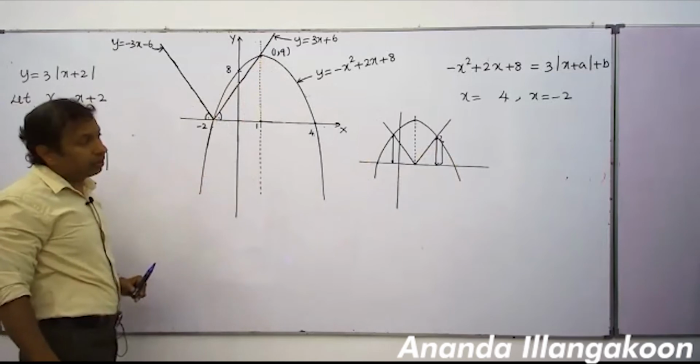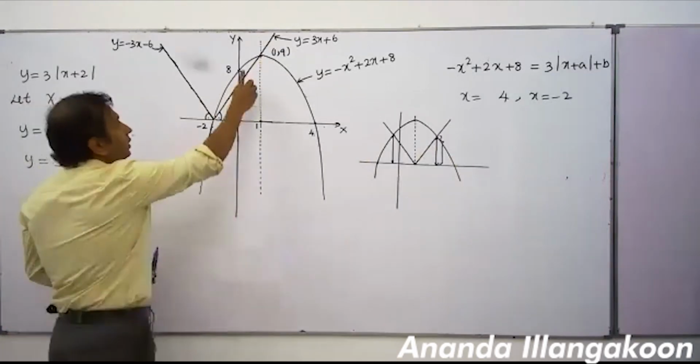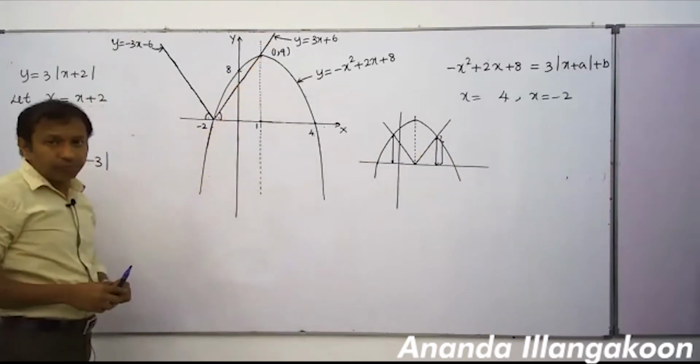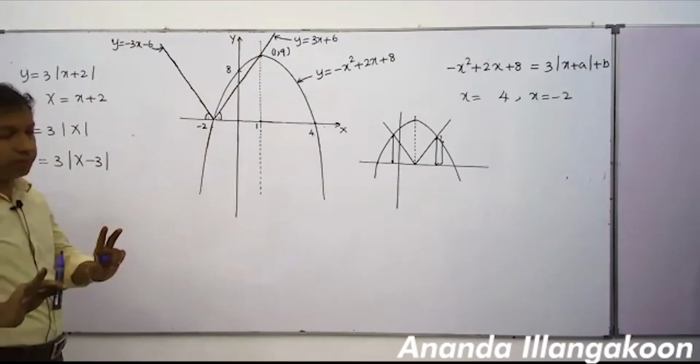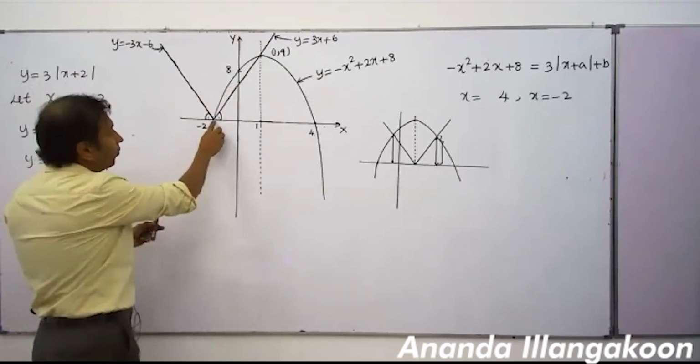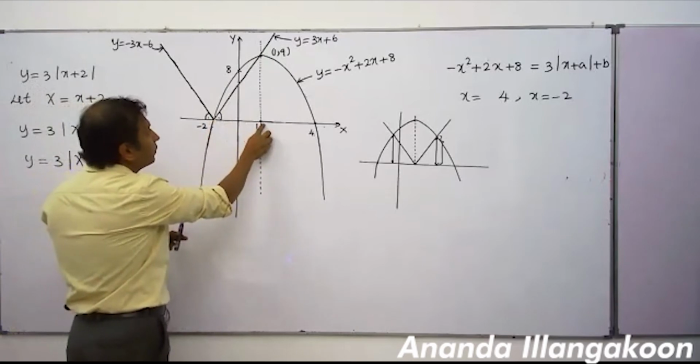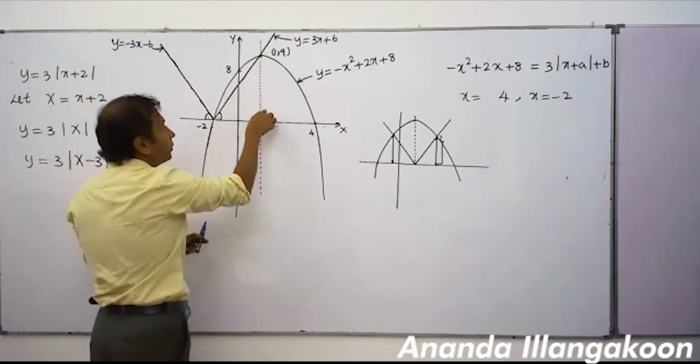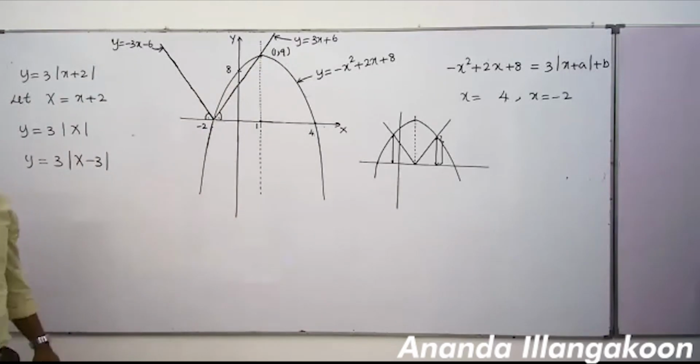Right? This height is 9. Now, wait, don't be in a hurry, carefully understand this. From this vertex, when we go to the right by 3 units, the height to the line is 9 units.